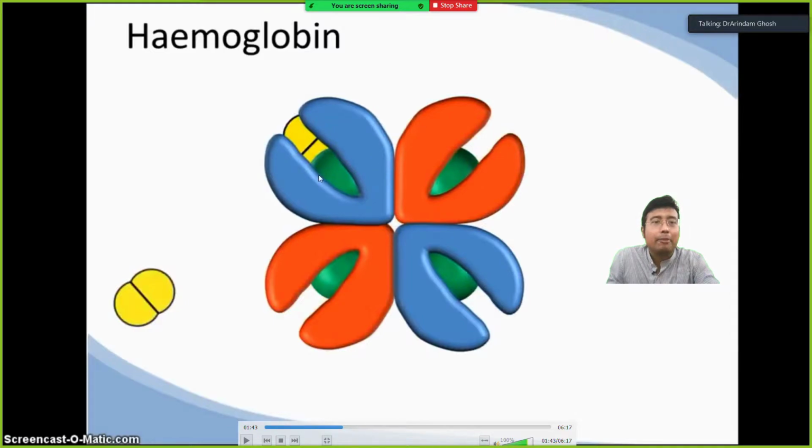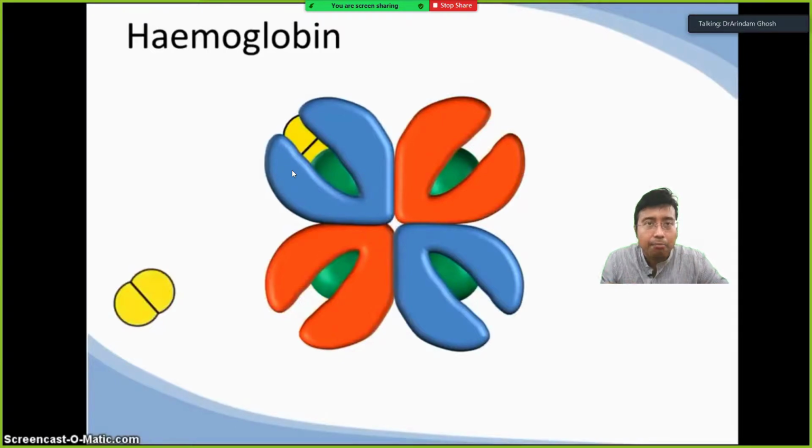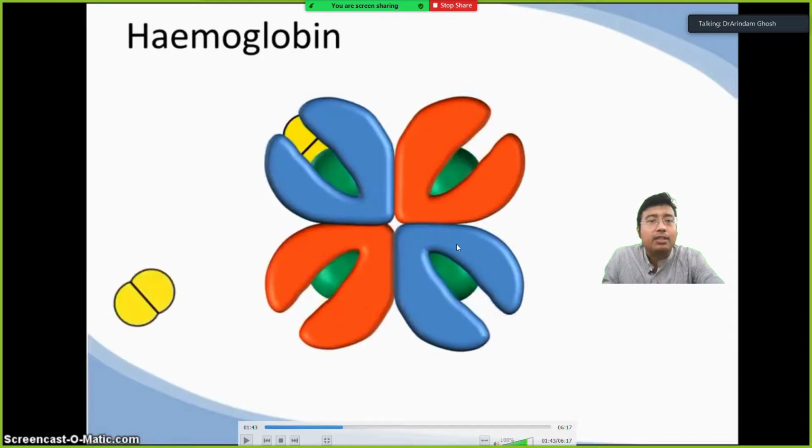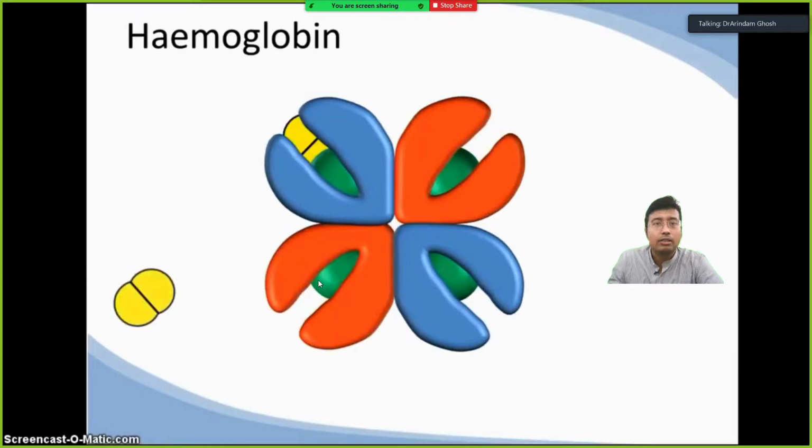It has made this whole thing a bit wider in gap, and as I told you, once this gap has widened, the same information will pass to the adjacent globin molecules or heme molecules. Now these are also widened. So since it is wide, it will be much easier for the second oxygen to get into the party.